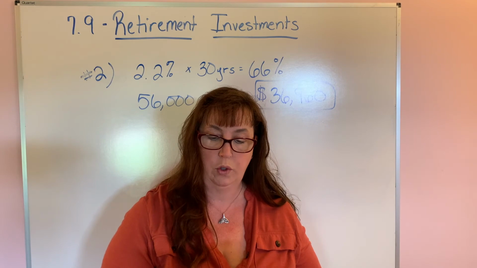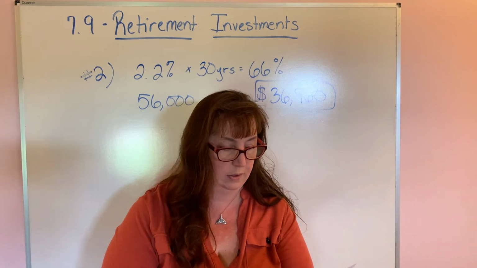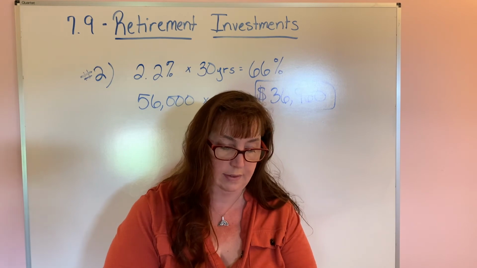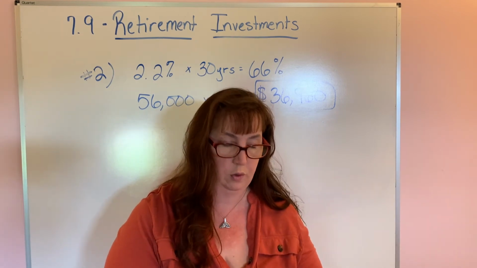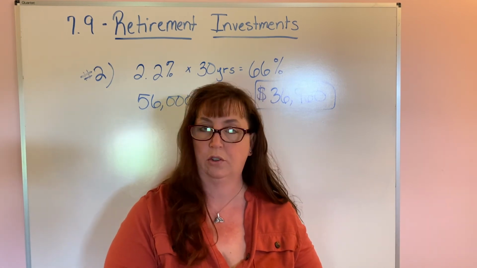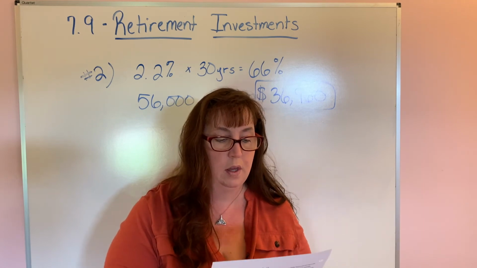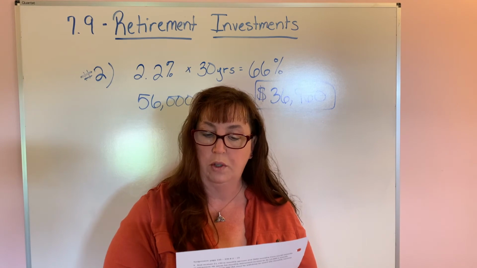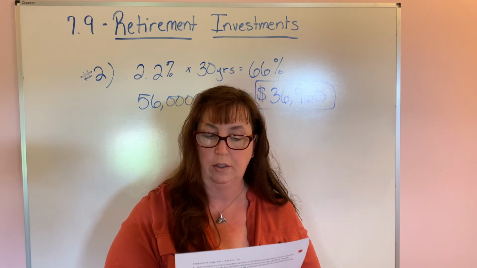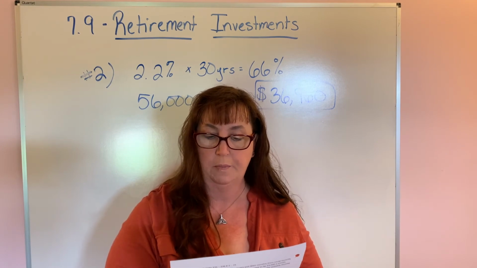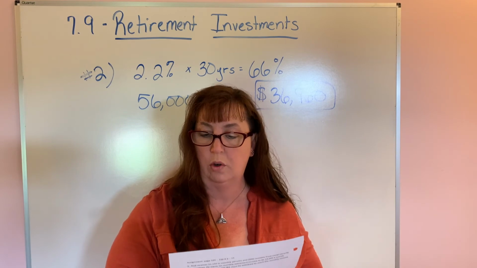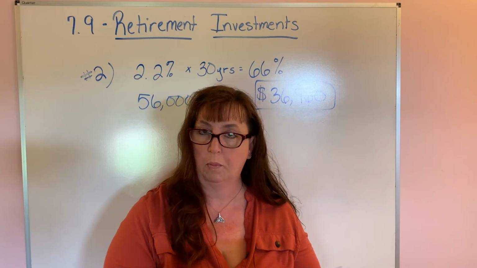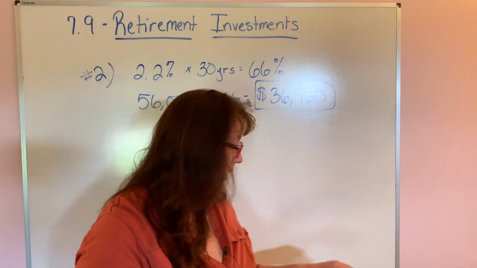If you do, you will pay a 10% penalty and have to pay the taxes on what you withdraw. So if you take out money, you have to pay the taxes, plus you get penalized 10%. When you reach the age of 70 and a half years, you must withdraw a minimum amount each year, and that depends on your investment company. The percentage you must withdraw changes as your age changes. As you get older, they make you take out more money because they don't want to leave it in the account.